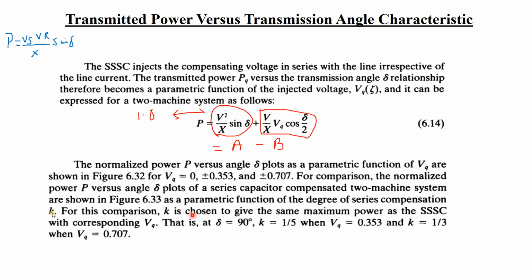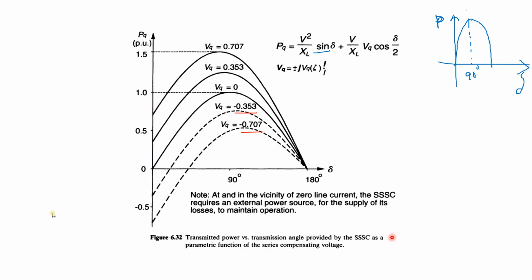So for this comparison, what can we compare from here? The comparison shows that K is chosen to give the same power loss as the SSSC with the corresponding VQ. That is, delta is 90 degrees and K will be 1/5 where VQ is this one.